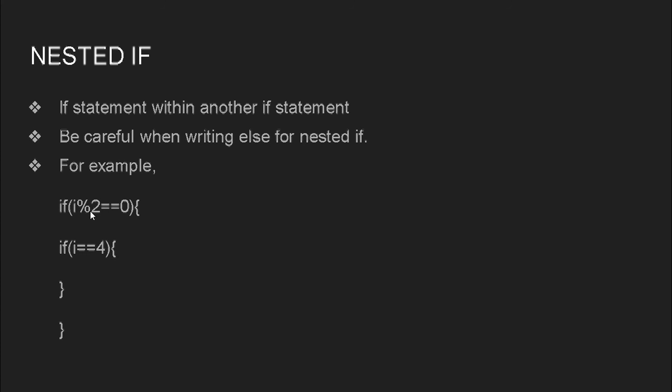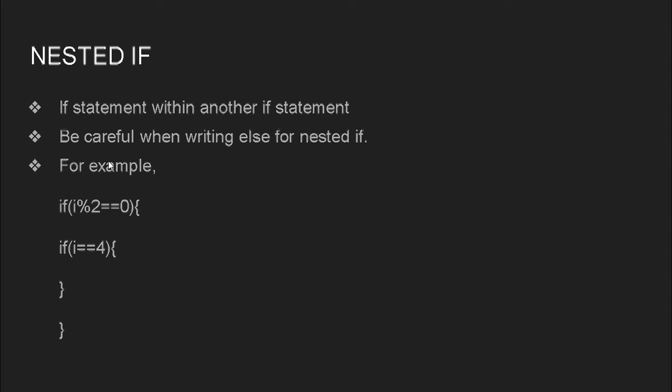If i is an even number, only then will this particular condition be checked. Nested if means if this particular condition is true, then only the program execution is going to go to this part. Otherwise, if this condition is false, the program execution will directly jump to whatever statement is written below this particular bracket.